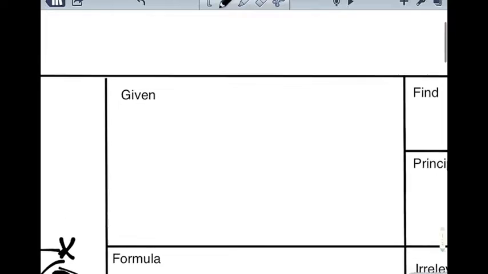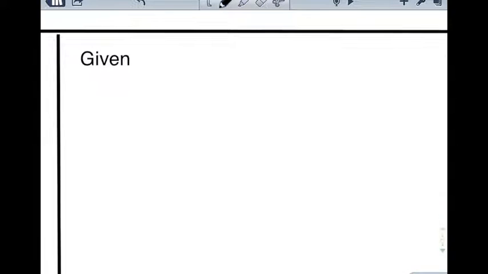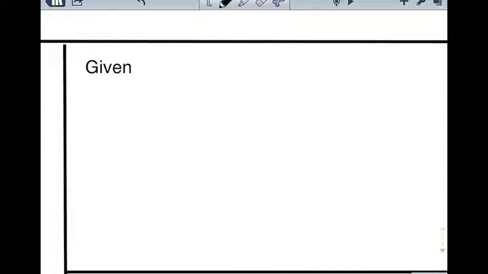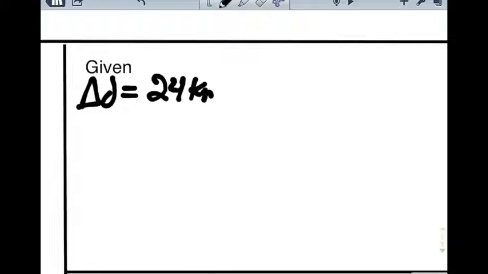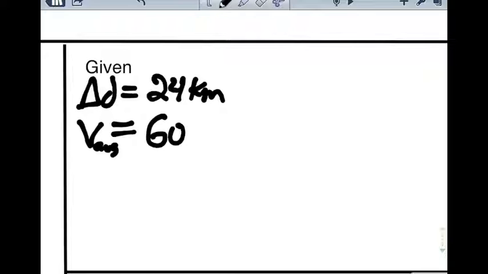So the first thing we want to do is our given information. Our given information is that we have a displacement, in other words, how far they actually have to travel, of 24 kilometers. We know that they are traveling at an average velocity, we can call it V average, of 60 miles per hour. Now that's actually a problem.